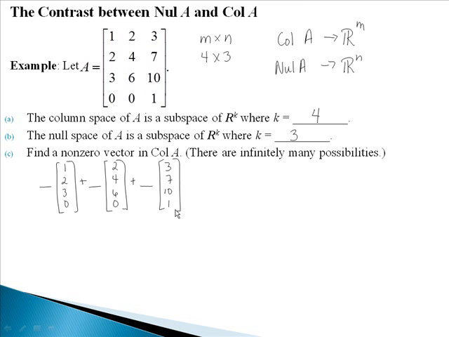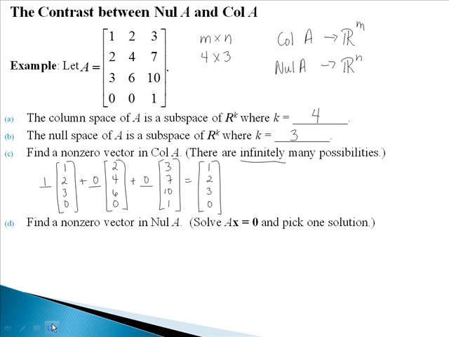And so we can let these scalars be anything we want, which is why there are infinitely many possibilities. The easiest one would be to have it be 1, 0, 0. So then we simply have the first column would be a non-zero vector in the column space of A. So each individual column is in the column space of A.